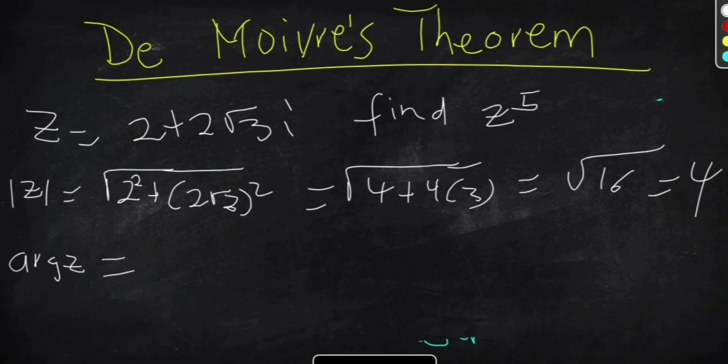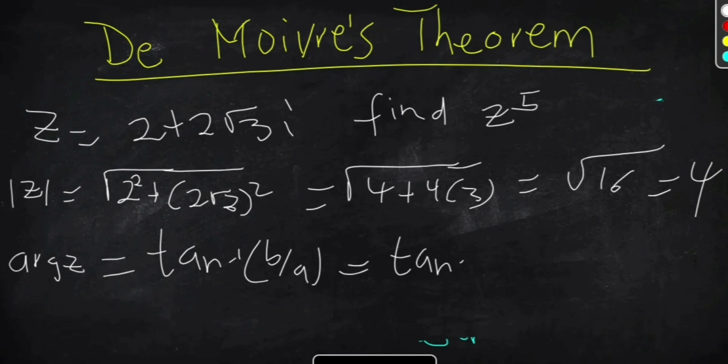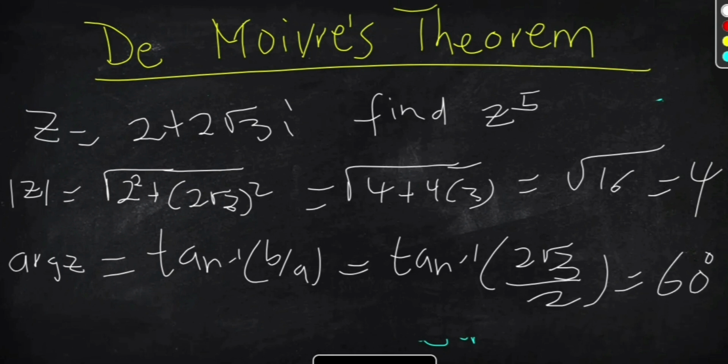So the argument of z becomes tan inverse of b over a, which is tan inverse of 2 root 3 over 2. Since this lies in the first quadrant, that means our argument is 60 degrees.